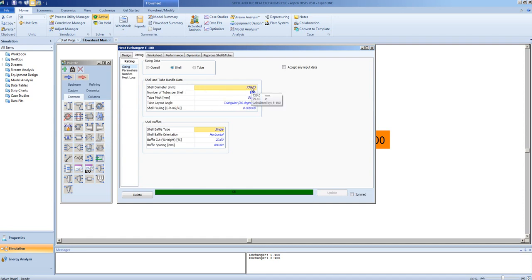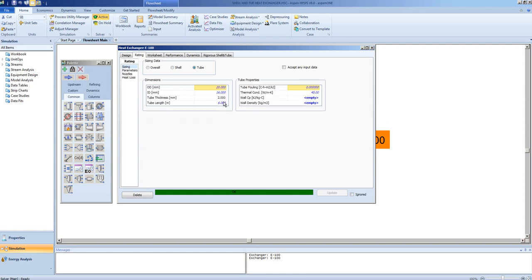Hover over it, we can get it in inches. You can get the tube pitch and the number of tubes per shell. You can get information about the baffles and of course information on the tubes, such as the tube outer diameter, inner diameter, thermal conductivity, and so on.